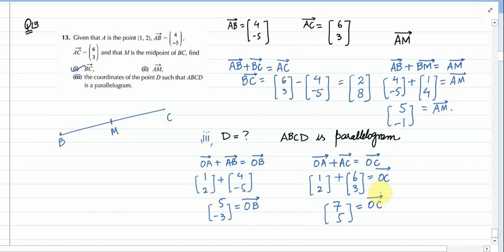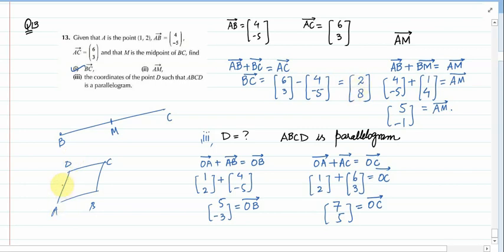Now we know that in a parallelogram, opposite sides are equal and parallel. That means if I draw a rough parallelogram A, B, C, D, and AB is 4 and minus 5, then DC will always be 4 and minus 5. And if BC is 2 and 8, then AD is also 2 and 8.